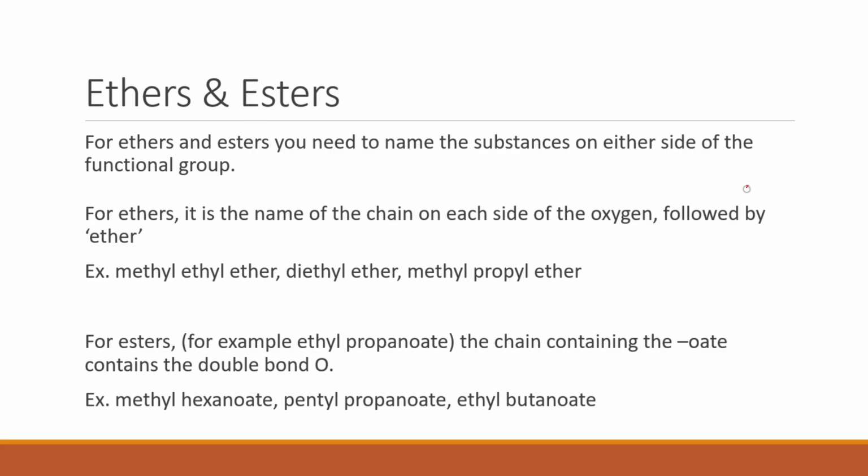So the pattern for naming these things, for an ether, is you name the chain on either side of the oxygen, followed by the word ether.